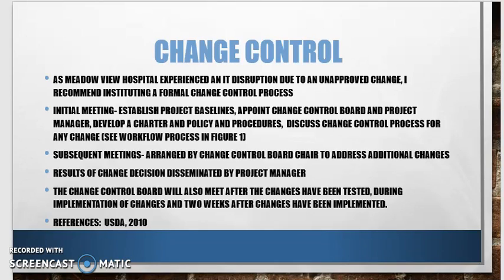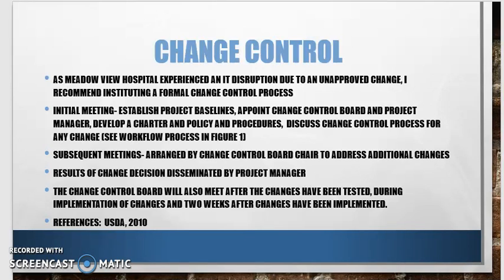Then you're going to establish a charter, and a charter provides you with information about the committee membership, the scope of the practice, and the roles and responsibilities of the members. Then you're going to develop policies and procedures, and what those do is provide step-by-step guides to actions so that they're standardized and repeatable.